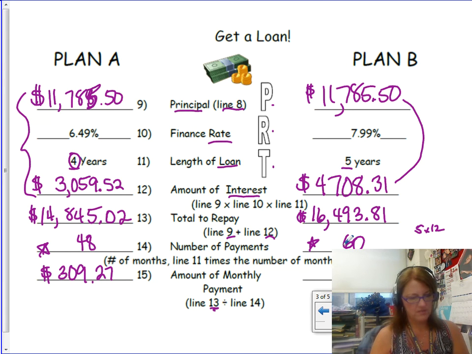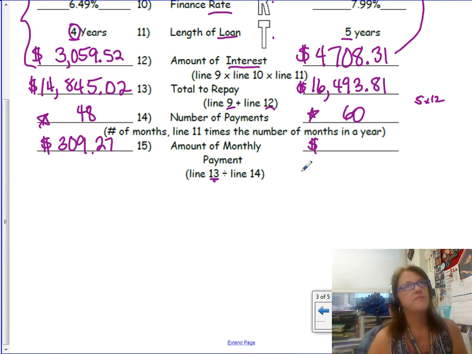So divide by 60. All right, and here, I better oomph this up so you can see what I'm doing. So here, my payment happens to be $274, and I've got to do some rounding, 90 cents.